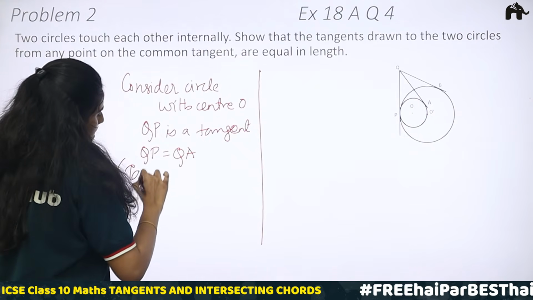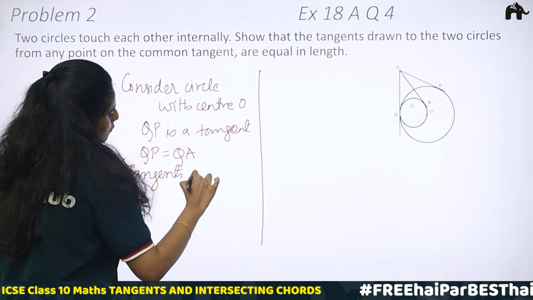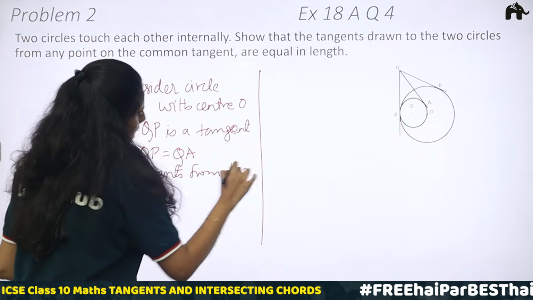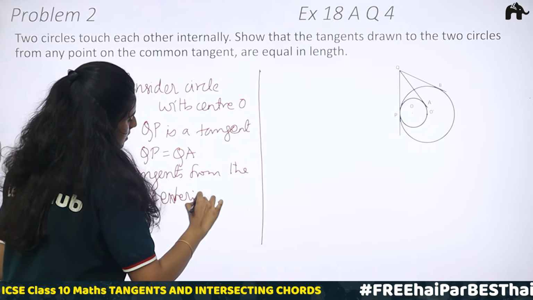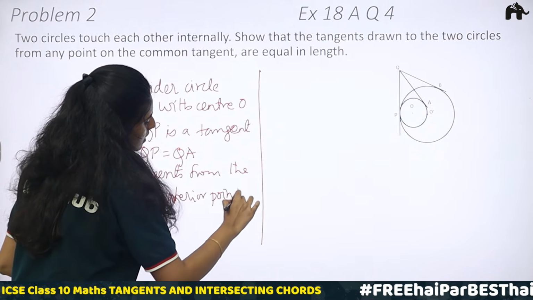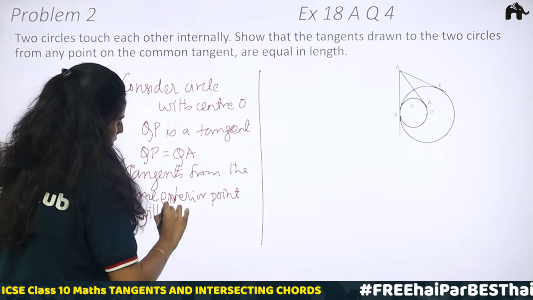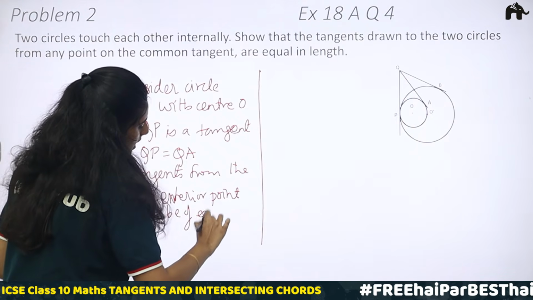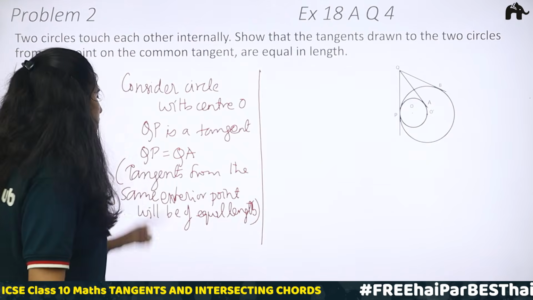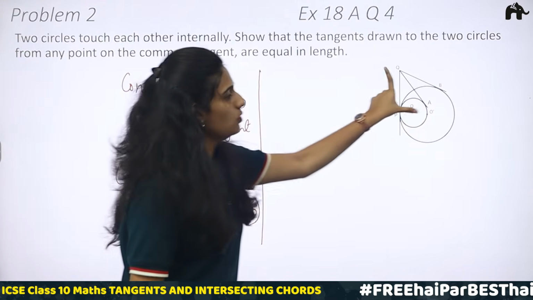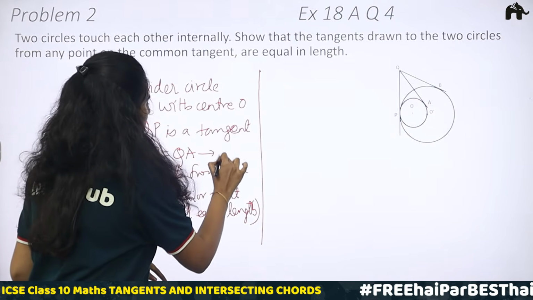That is, tangents from the same exterior point will be of equal length. So QP is equal to QA. So this is my first equation.